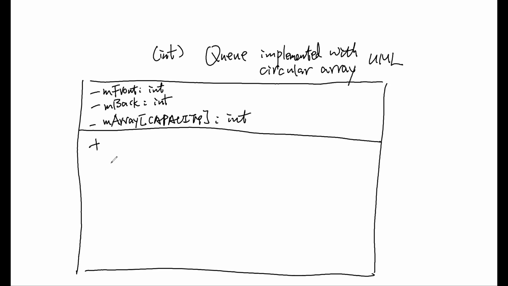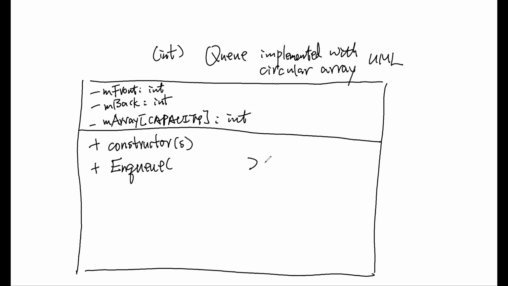And then what kind of operations are we interested in? First is what? Constructors. We can have multiple constructors. And then we discussed the two most important operations: enqueue. Enqueue is where you add an item to the queue.